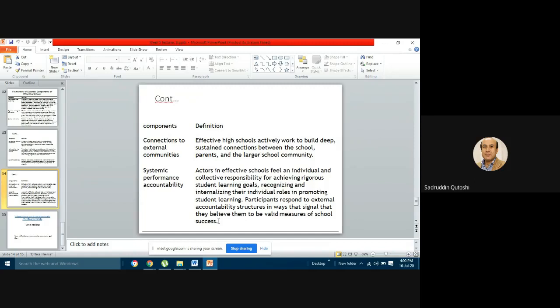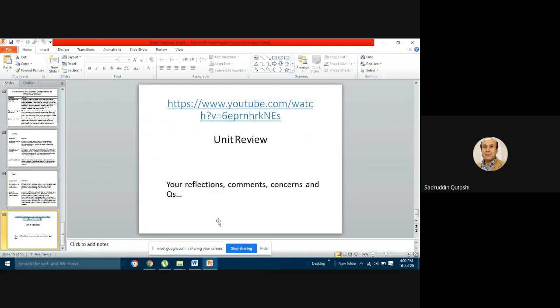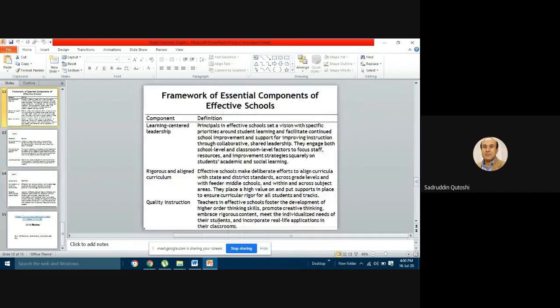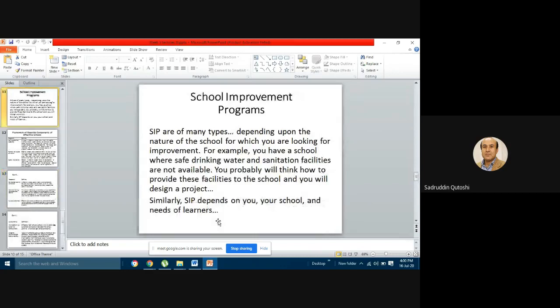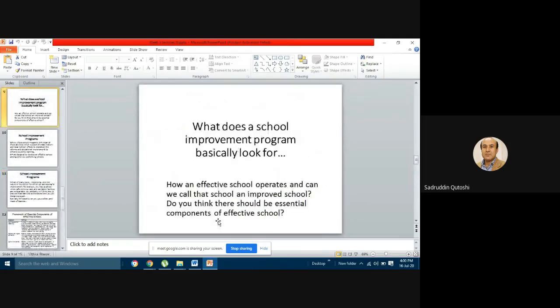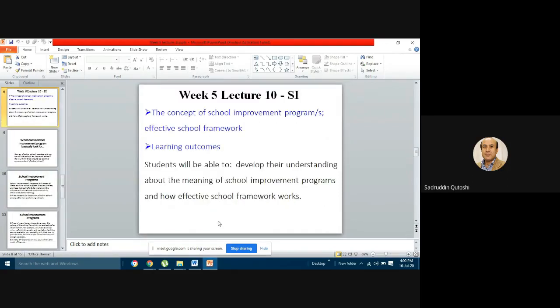With all these basic and most important ingredients of the effective school framework, you can understand how school improvement programs play a significant role in building your school as an improved school, as an effective school.